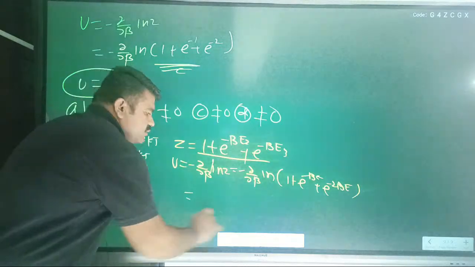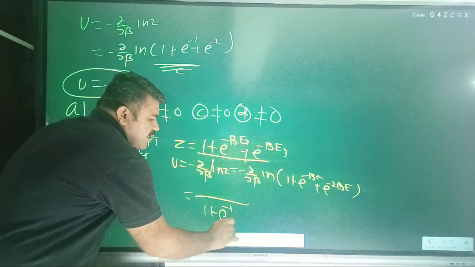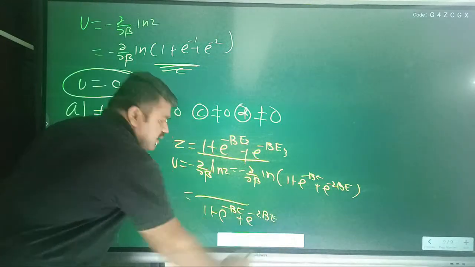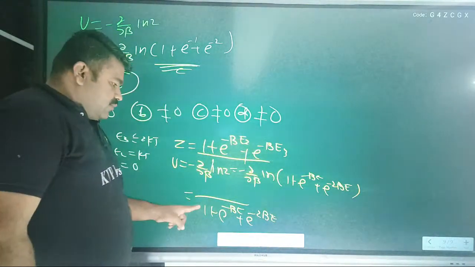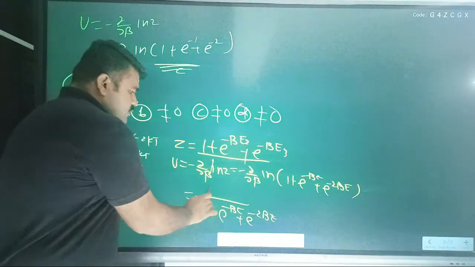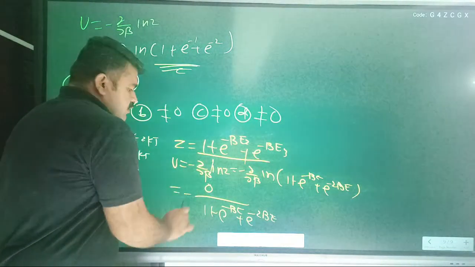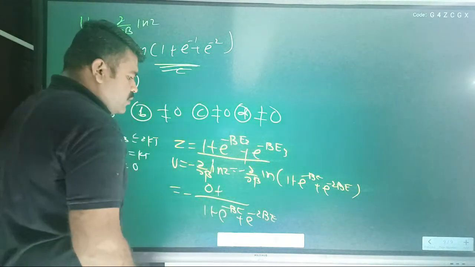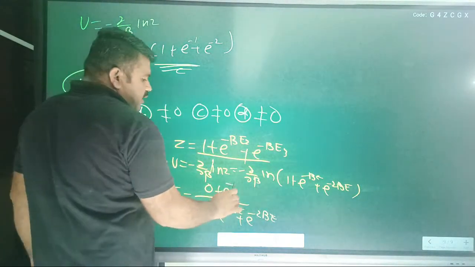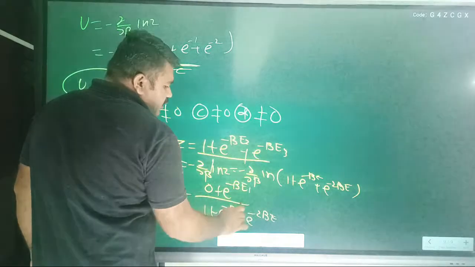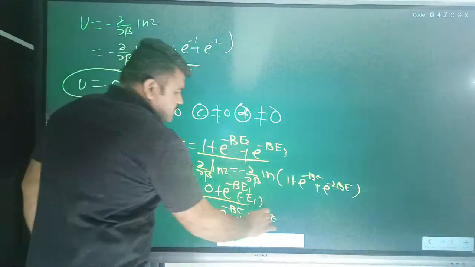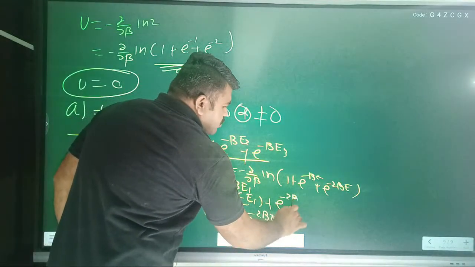What is the derivative of this function? One, derivative with respect to beta 0. Second, e to the power minus beta e1 into derivative of this is e1. Clear? Plus second one e to the power minus 2 beta e2.